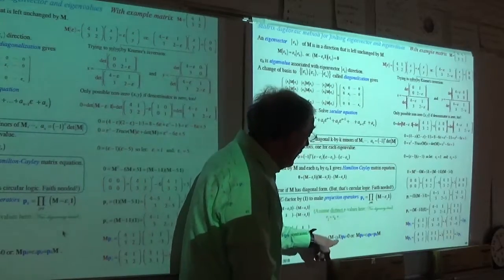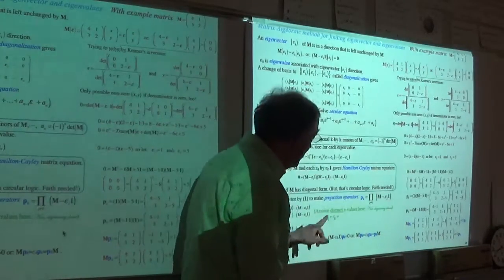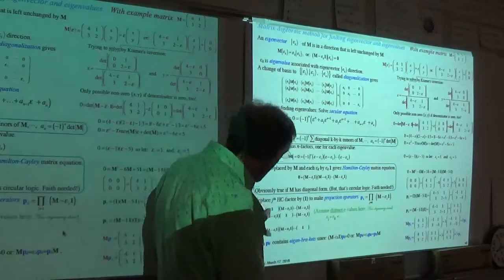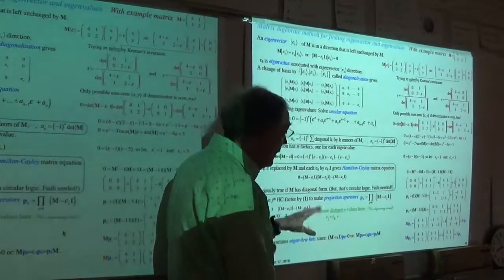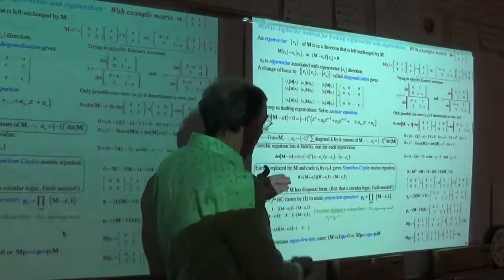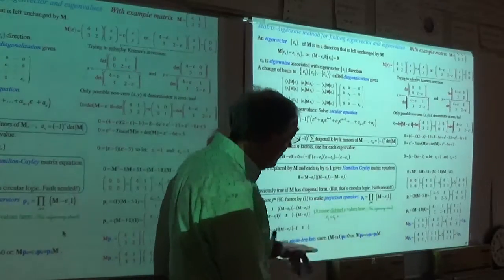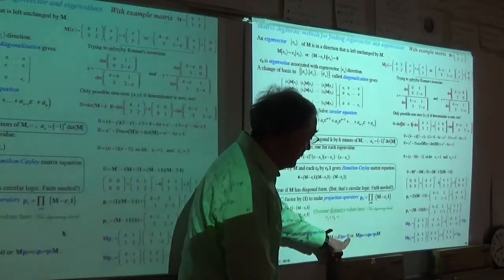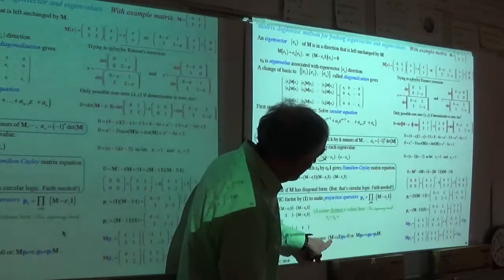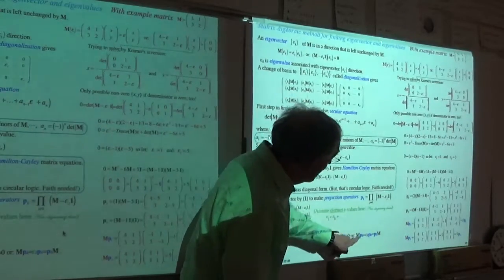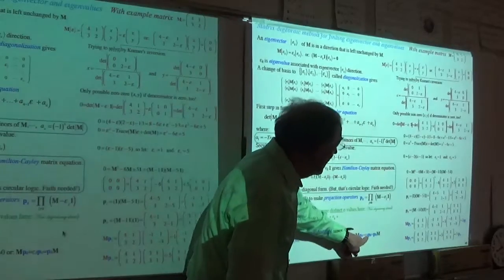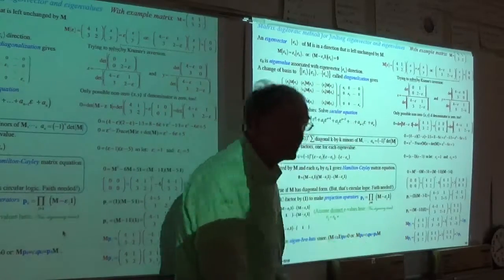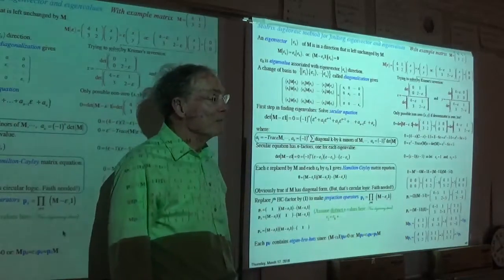That is, if I put back the kth factor that I took out, I have to have just made the Hamilton-Cayley equation and get 0, a 0 matrix. And this says that the matrix times the proto-projector is equal to the eigenvalue times the proto-projector. And that's what makes this work.